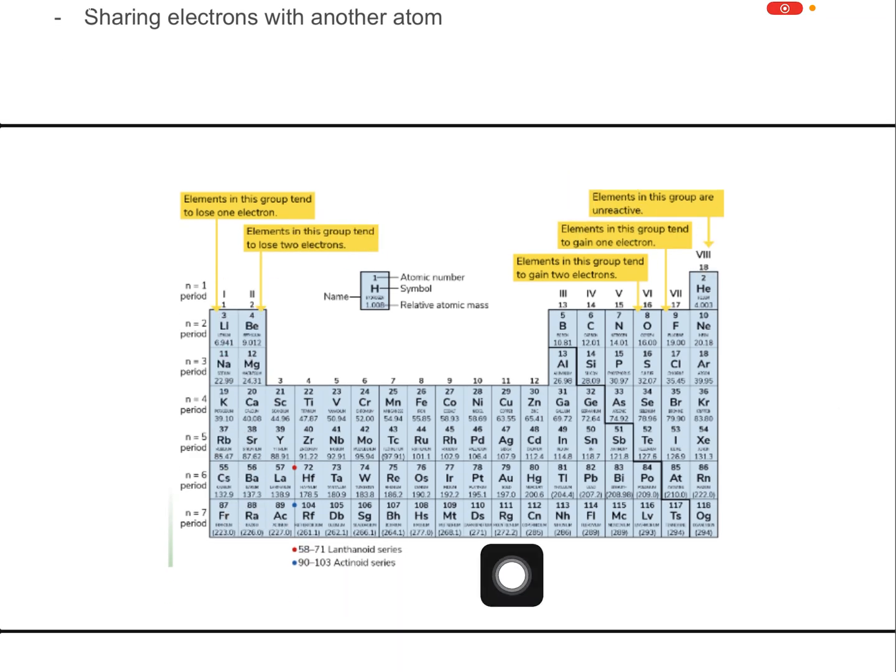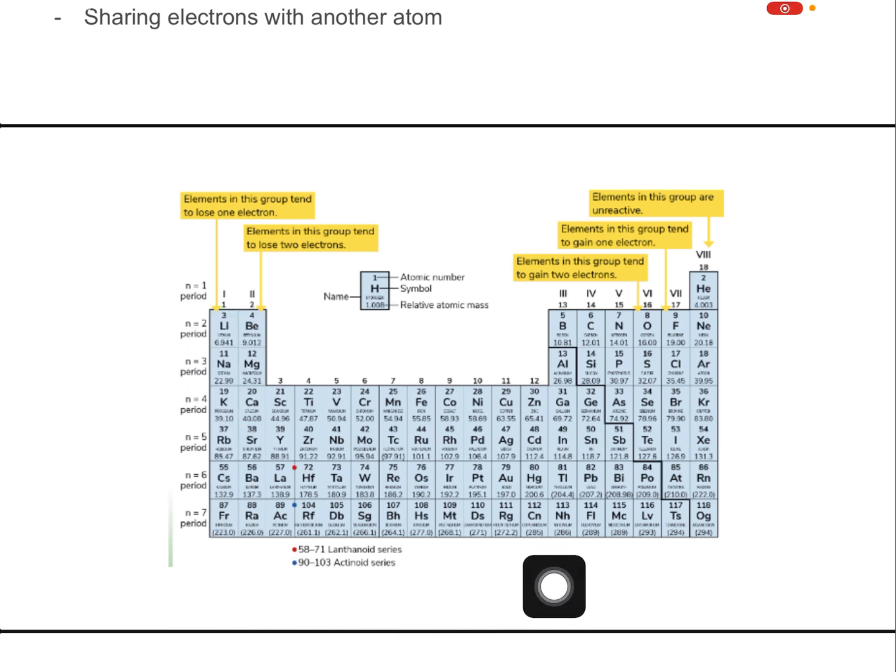In my periodic table here, group 1 have 1 electron in their outer shell. So they are very close to having a full outer shell by giving away 1 electron. I have something like lithium, and it wants to give away 1 electron.